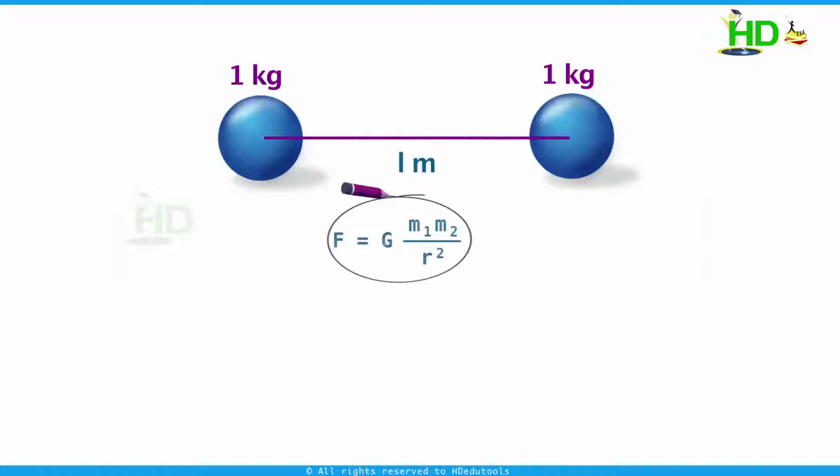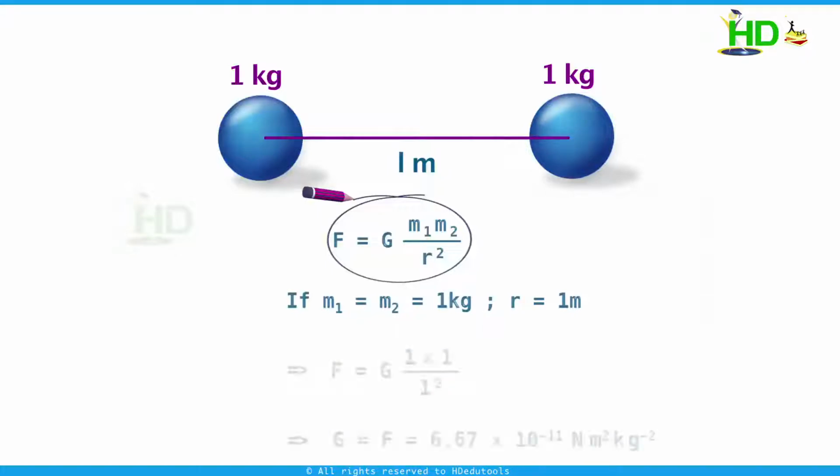In this formula, if we consider m1 = m2 = 1 kg and r = 1 meter, then we get G = F. That is, the value of the universal gravitational constant is nothing but the force between two unit masses separated by unit distance. Let us consider the force between two masses m1 and m2, which are separated by a distance r, is F. That is F = G m1 m2/r².